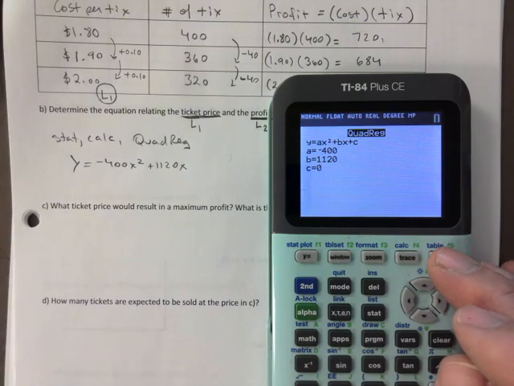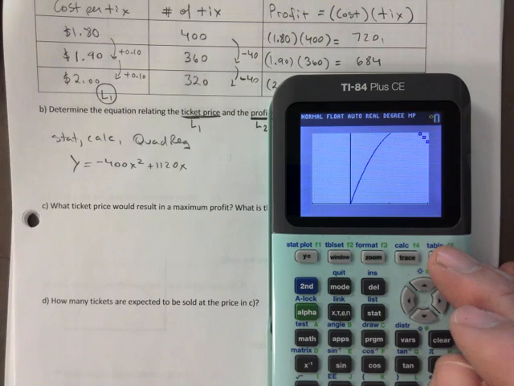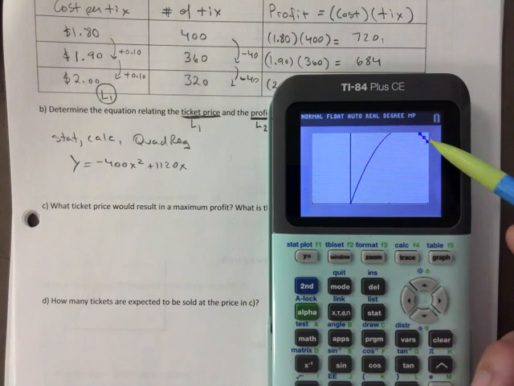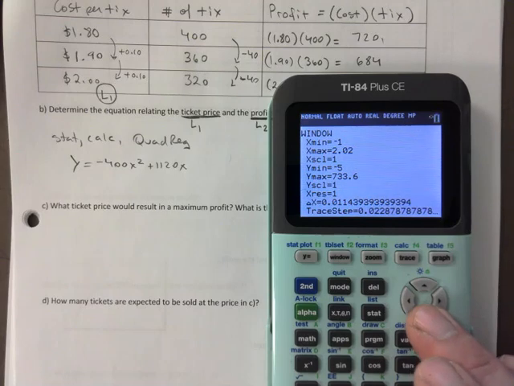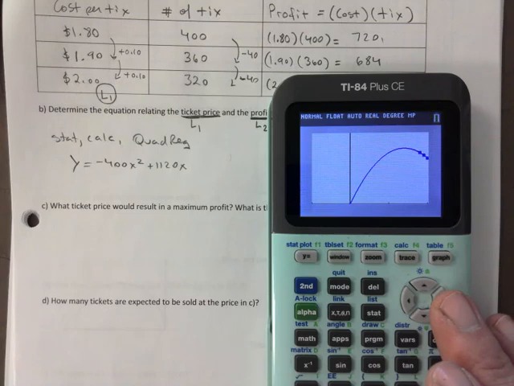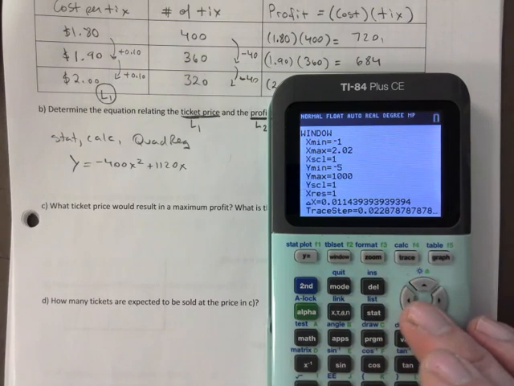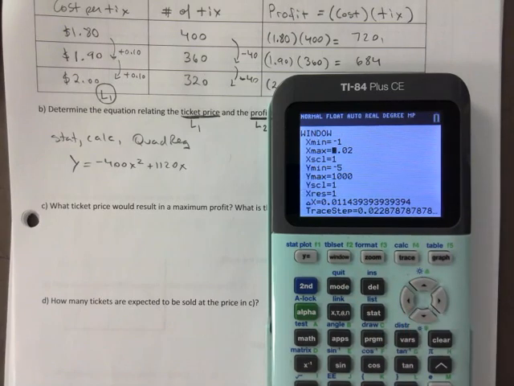Let's hit graph now. Let's see what happens. There, I could tell that it crossed here. So I'm going to chase the curve. I'm going to go a little bit higher on my Y max. I'm going to go 1,000. It's pretty good. And now I'm going to chase it to the right, which means I have to change X max. I'm going to go 5, let's say.